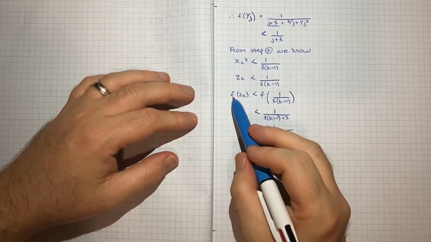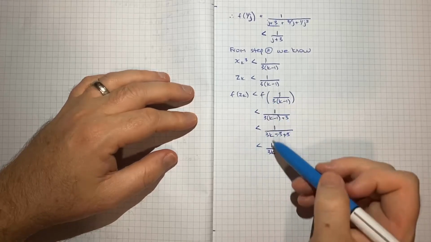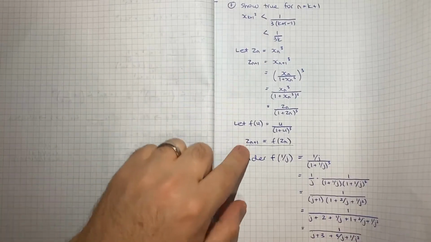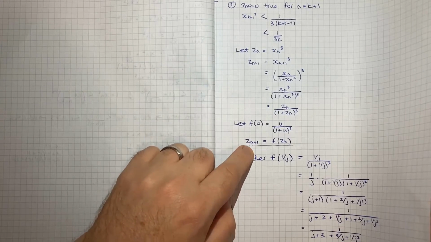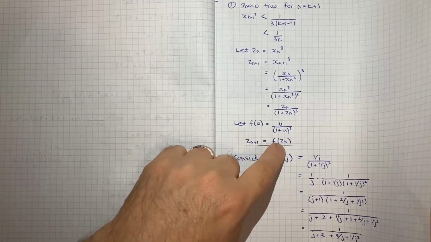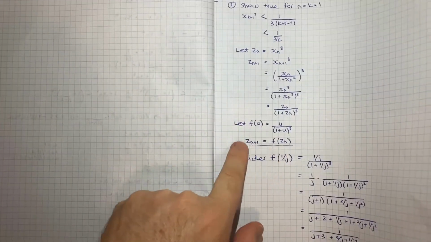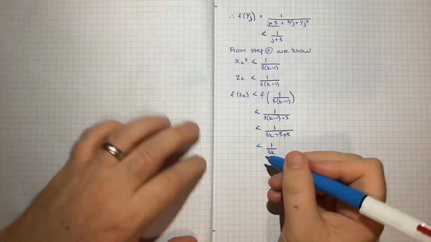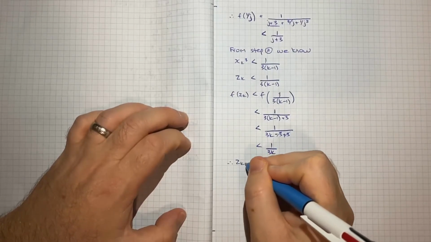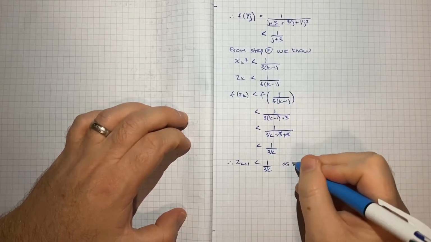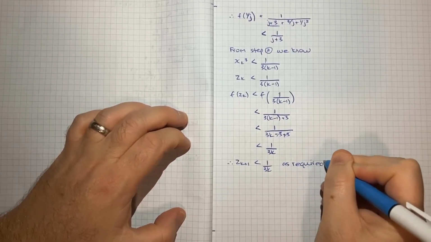Okay, so we know f of z_k is less than 1 on 3k, and remember we showed that z_(n+1) is equal to f of z_n, which means f of z_k would be z_(k+1). Therefore z_(k+1) is less than 1 on 3k as required. That's what we had to show for step 3.